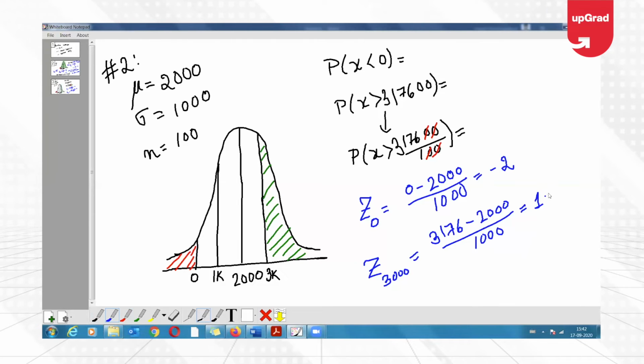So this will be 1.76. All right. So here we are not looking at greater than 3000 fully.